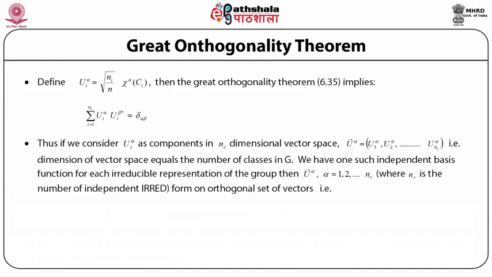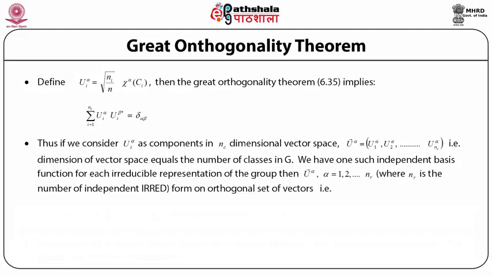Then the vector u alpha is defined for alpha equal to 1, 2, up to Nr, where Nr is the number of independent irreducible representations of the group G, which has a number of classes equal to Nc in it.